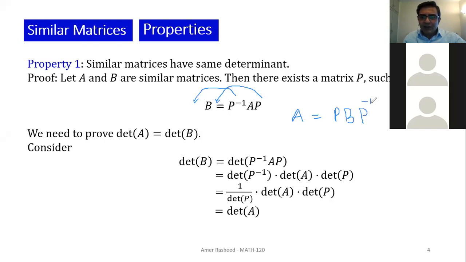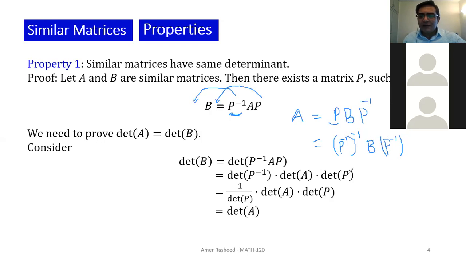Now, according to the definition of similar matrices, P inverse should come first, but here we have P, not P inverse. Now this further can be written as P inverse whole inverse, times B, and here we have P inverse.